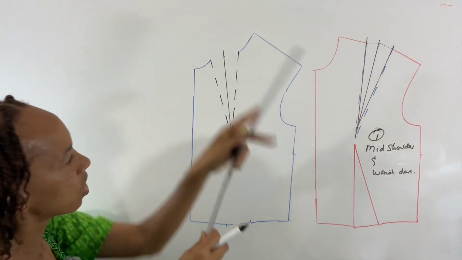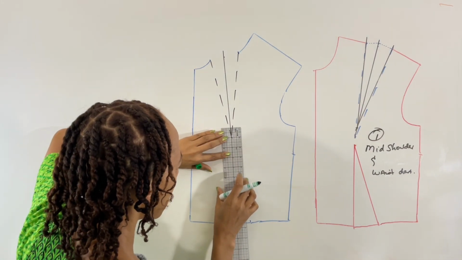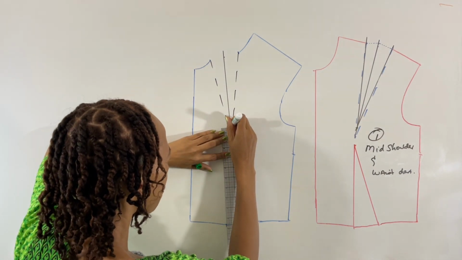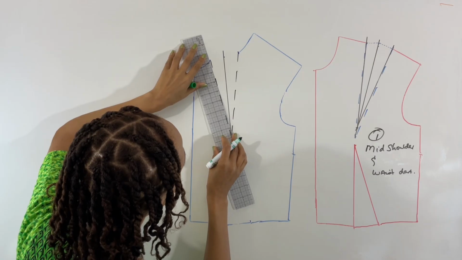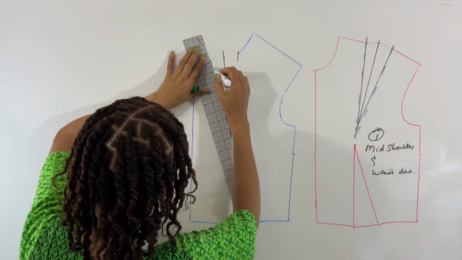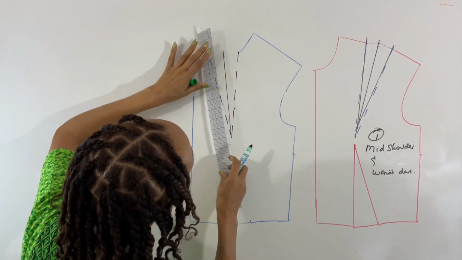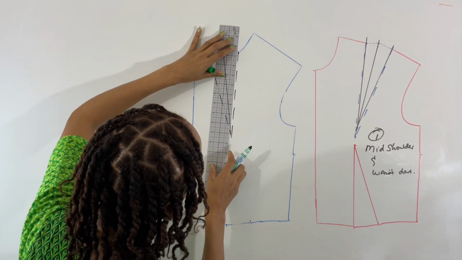And you have that. So along your center line, this is where you're going to go up 1 inch from your bust point to get the end of your dart, which is the dart tip, and you're going to connect that to your neck. All right, just like that, just like music.